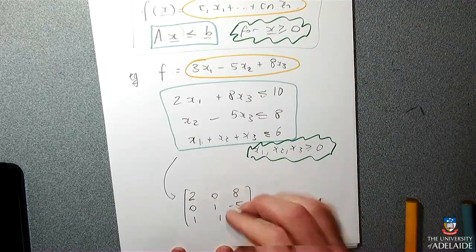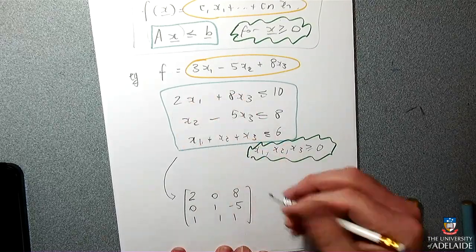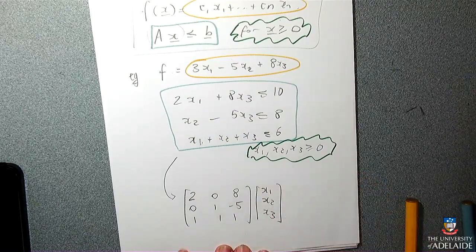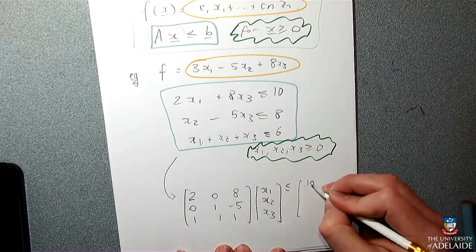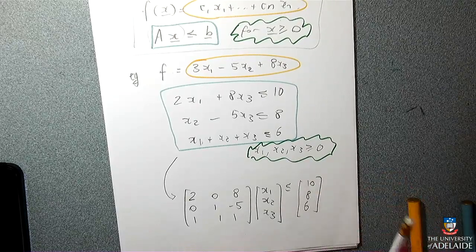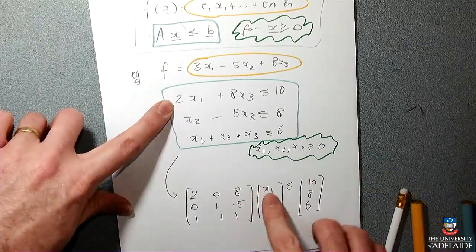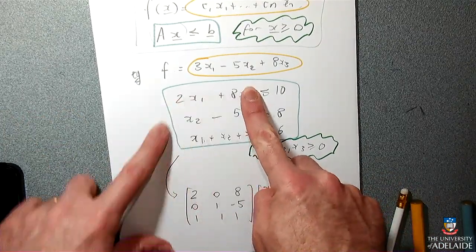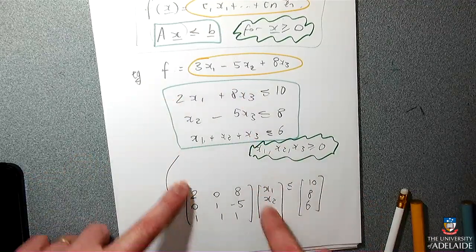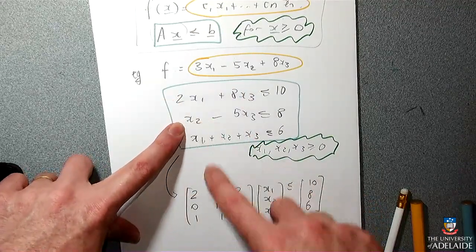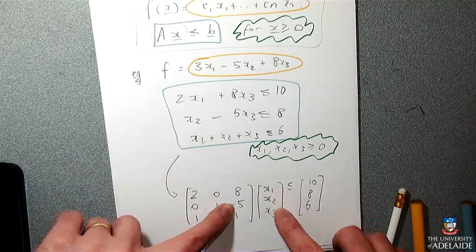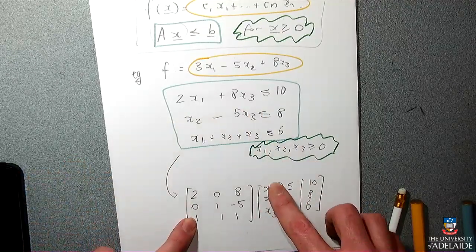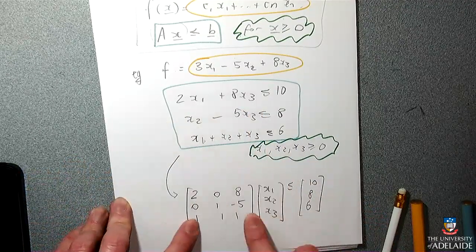That's the matrix which comes from these coefficients here. Like that. So we have 2 of x1, none of x2, and 8 of x3. That's this part of the equation. 0 of x1, 1 of x2, and minus 5 of x3. That row and this column together make that bit. And then 1 of x1, 1 of x2, 1 of x3, that row and that column make this bit.